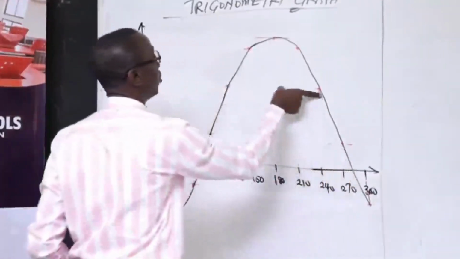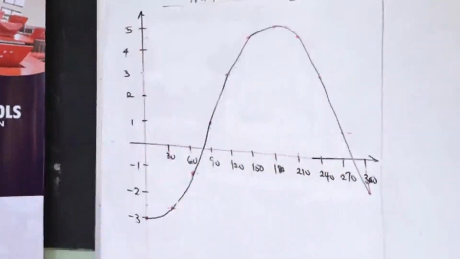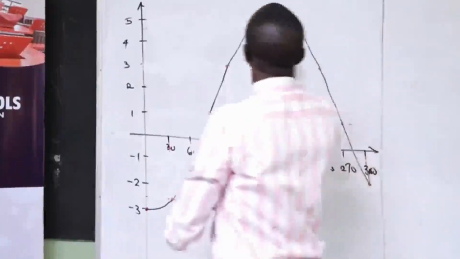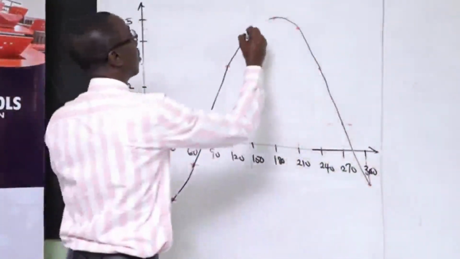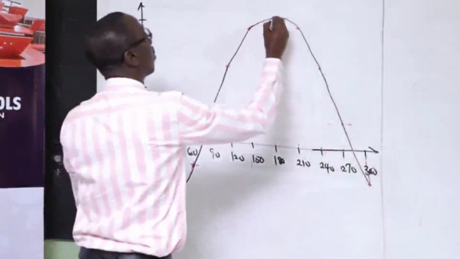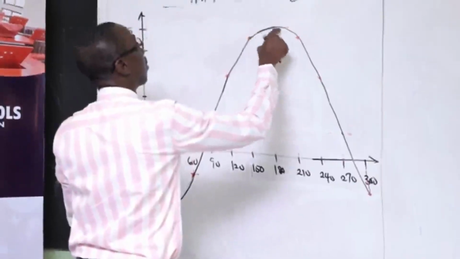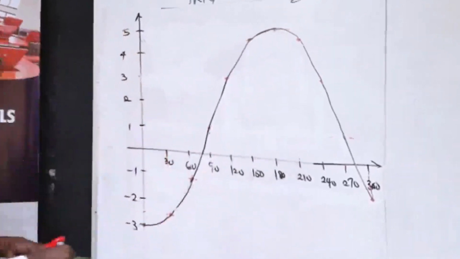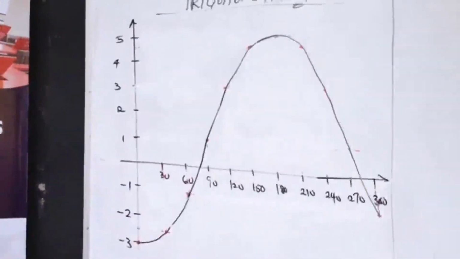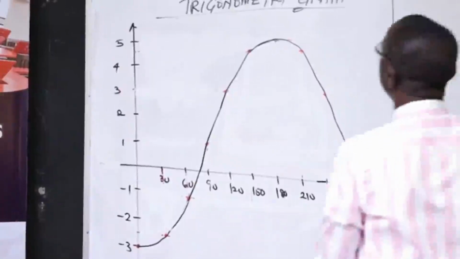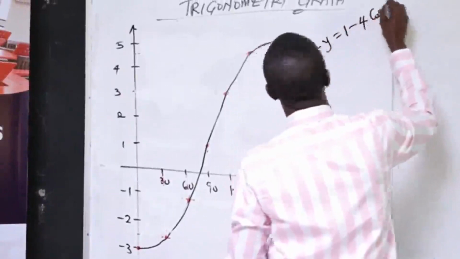All right, we can move to answering questions now. Okay, fair enough. Then you are expected to put the name of this graph, y is equal to 1 minus 4 cos x.